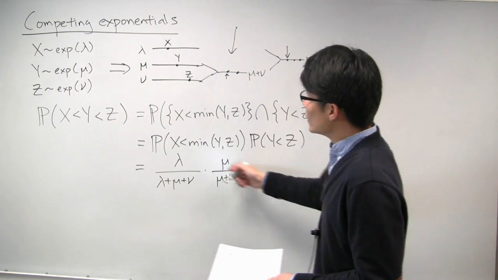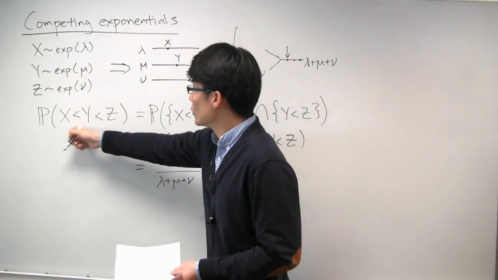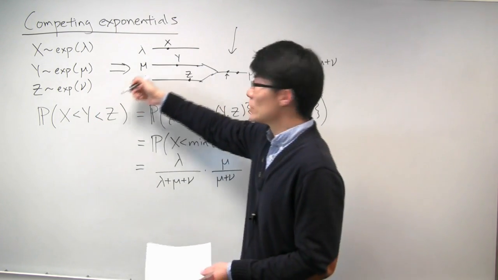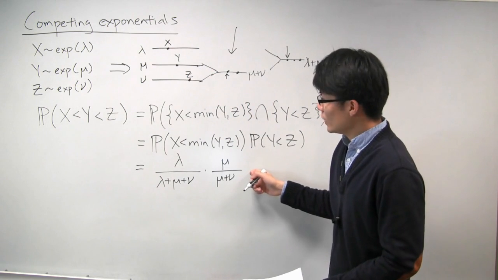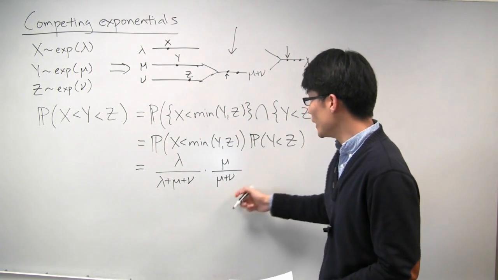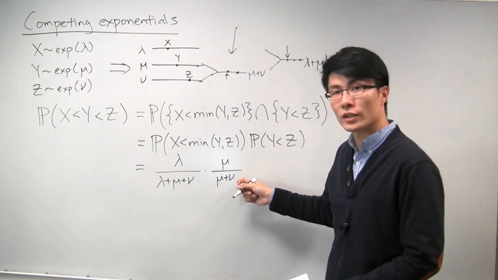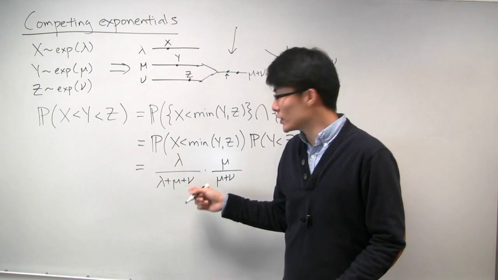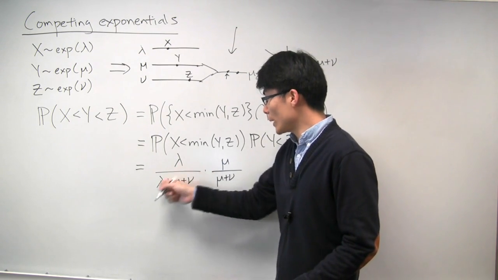So we see that what looked like a pretty complex calculation becomes relatively easy to solve when we reinterpret it in terms of Poisson processes. But this still seems like a complicated expression, so let's check whether it makes sense. One way is to look at a specific choice of lambda, mu, and nu.